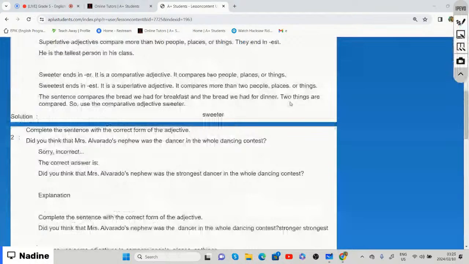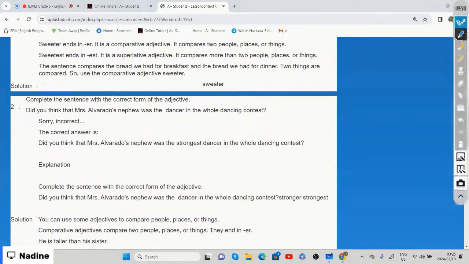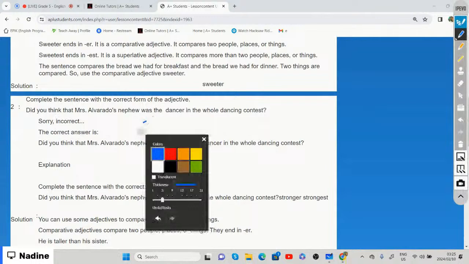All right, so now let's look at the next one. It says, did you think that Mrs. Alvarado's nephew was the, let me first choose two words. Do we say was the strong, oopsie.